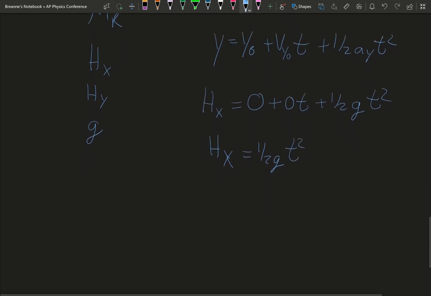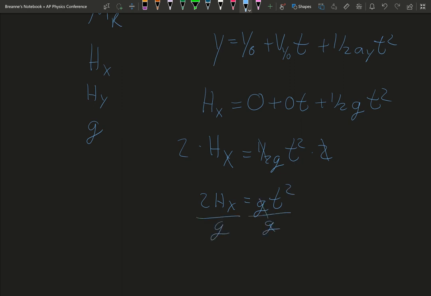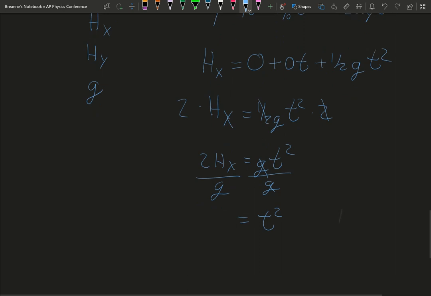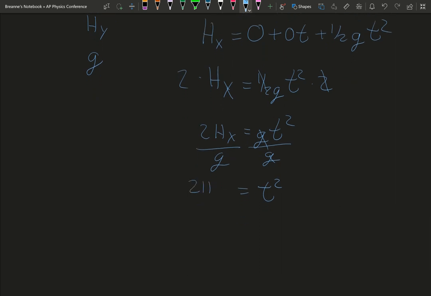We need t by itself, so we're going to go ahead and multiply both sides by 2. And then we're going to divide both sides by gravity. And then we need to get rid of that squared. To get rid of a squared, you're going to square root.